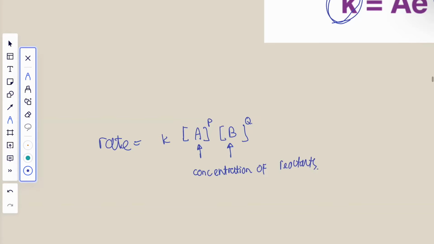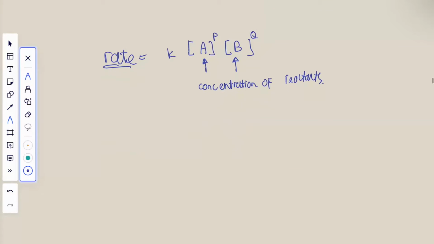But we have a problem because you cannot control the concentration of the reactants, because when you buy them, the reactants are already put there. So you cannot change it. So we use this other formula.